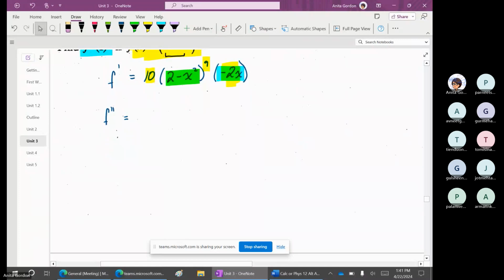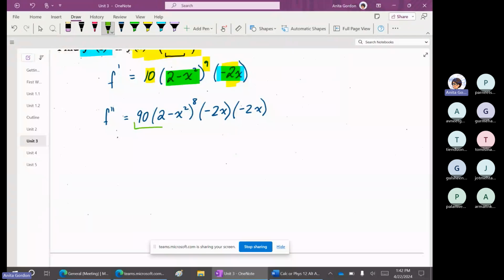Okay, derivative of the first one, what would it be? 90 times (2 minus x squared) to the 8 times minus 2x times minus 2x. You can just write that as negative 2x squared. Right, so this is chain rule, derivative of the first item.